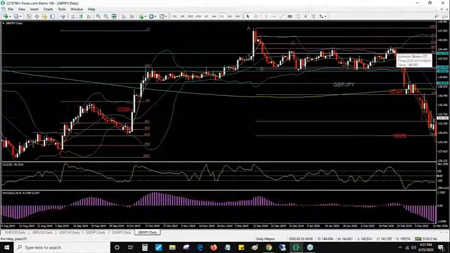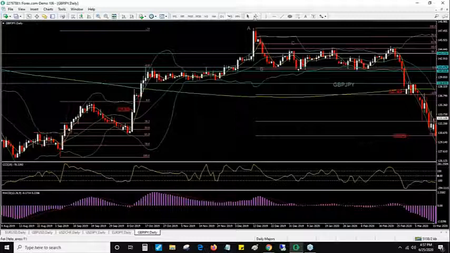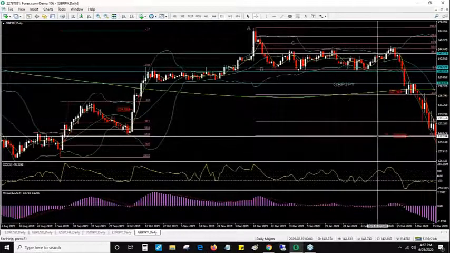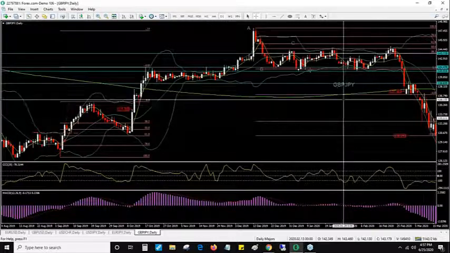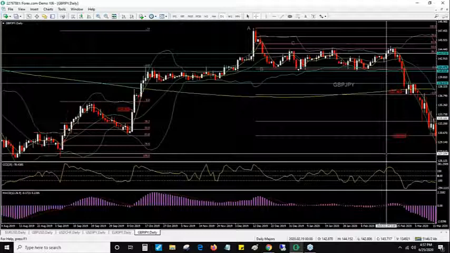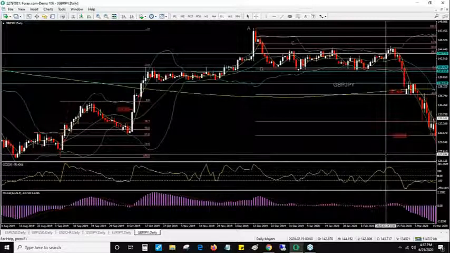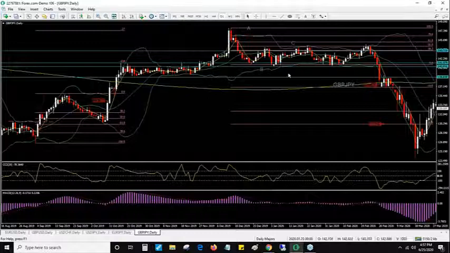It held here at the 50. And this gave me a projected extension target, which was the first target that you see here, right there at the 130.24. That was a Fibonacci extension target with the Fibonacci tool. But the point and figure charts gave me an opportunity to trade it for another 300 pips lower. That was an amazing opportunity, but you can simply do it.